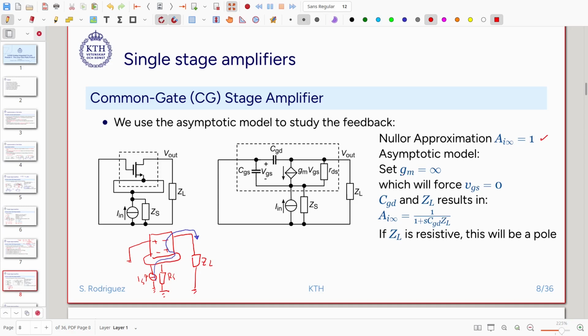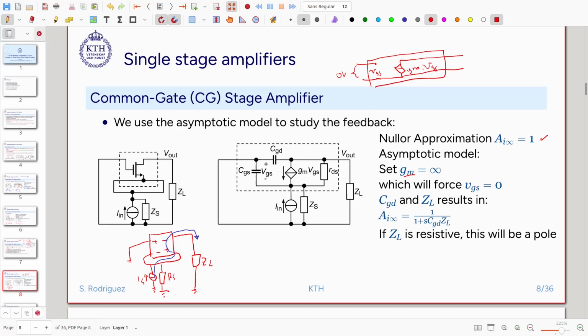Now we are going to let the transconductance become infinite. Okay, when we let the transconductance become infinite, same thing, the input of the voltage controlled current source, this input here, becomes 0 volt.